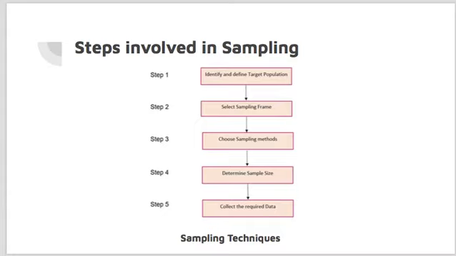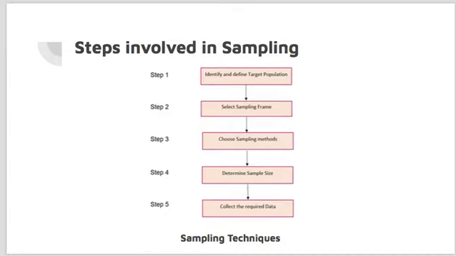The second step is the sampling frame. A sampling frame is a list of items or people forming a population from which the sample is taken. In our example, the sampling frame would be the list of all the people whose names appear on the voters list of a constituency.